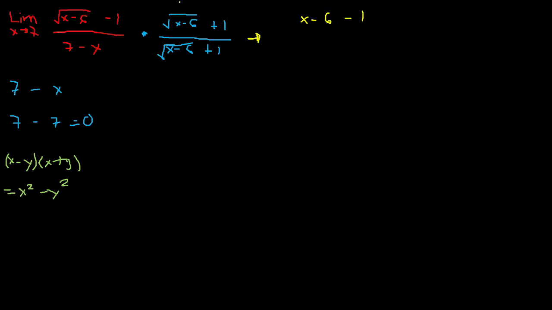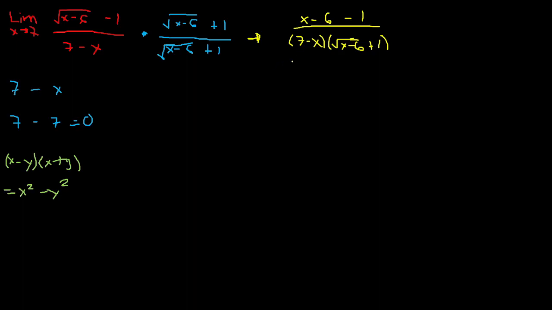Kasi negative times positive ay negative. And then, 7 minus x times square root of x minus 6 plus 1. Okay?